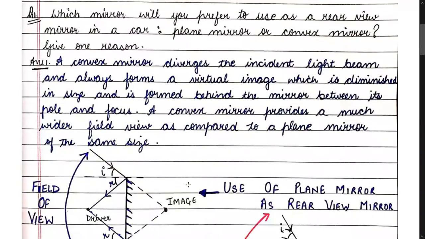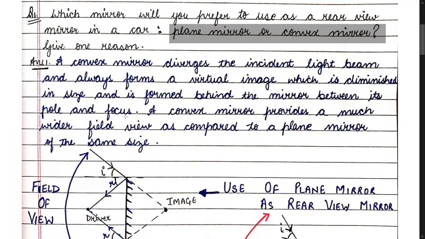So our first question is, which mirror will you prefer to use as a rear view mirror in a car? That is, will you prefer a plane mirror or convex mirror? You have to give one reason for your answer also.